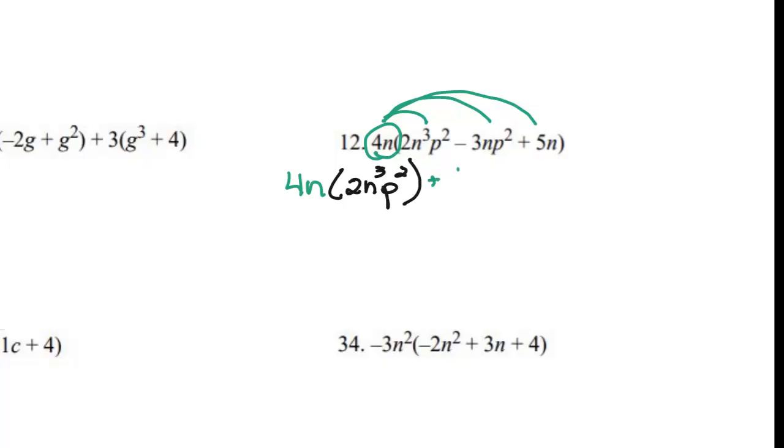Back to 4n is also being distributed with negative 3n p squared. And 4n is being distributed with 5n. Ooh, pen stopped. 4n times 5n.